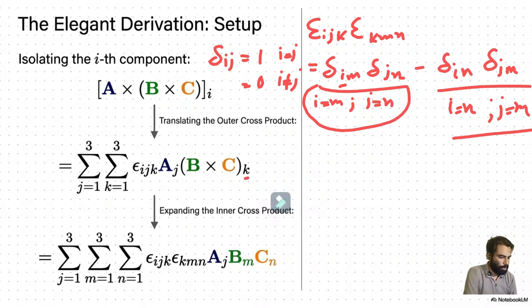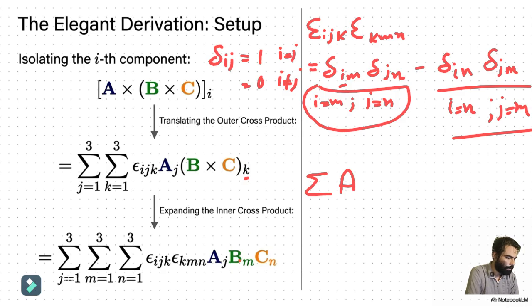Now what is this sum? We can say i is equal to m, so the epsilon deltas have value 1 because of im and jn, and aj is already j here. Now bm, b becomes bi and cn becomes cj.